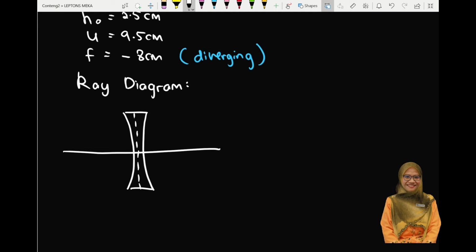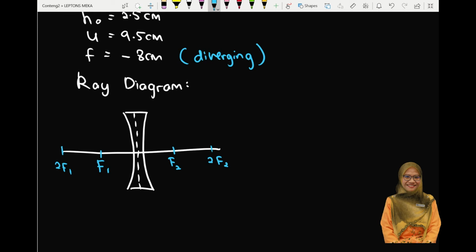Please use your ruler. And this is our F1. And this is, sorry, small f. Small f is focal length; capital F stands for focal point. And this is our F2. And this one is 2F2. And this is 2F1.